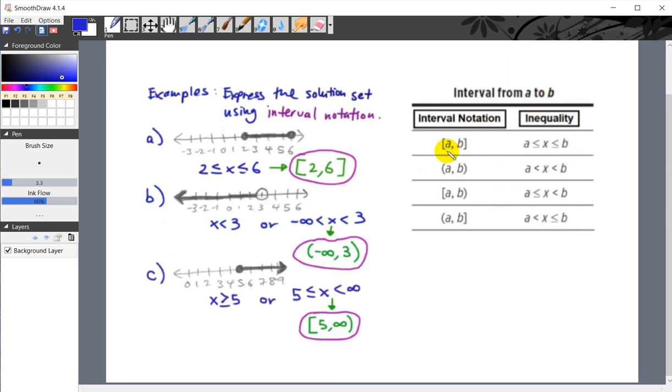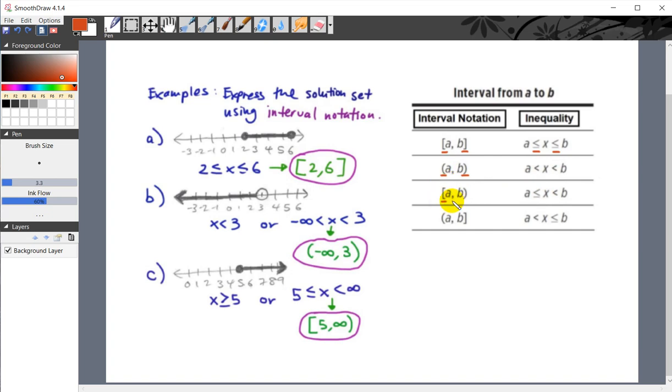For example, like I showed you previously in class, see these square brackets here? Square brackets are used if you have an equal sign underneath. You use parentheses if you have a strict inequality, so you do not need to include the equals underneath.